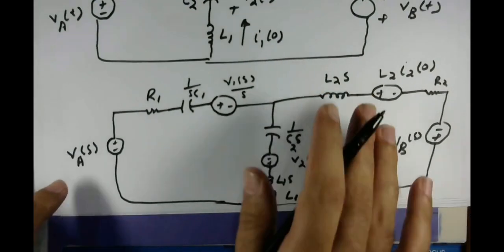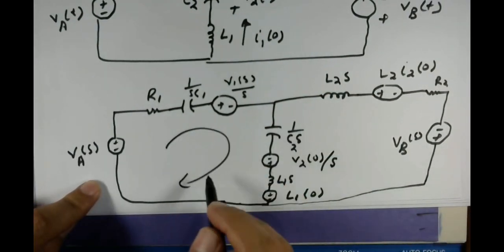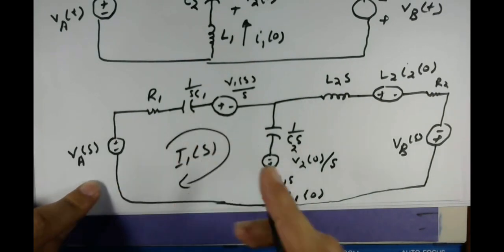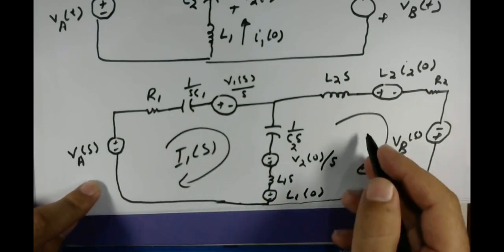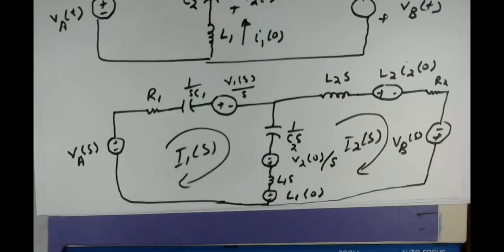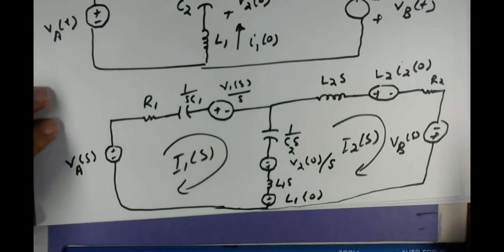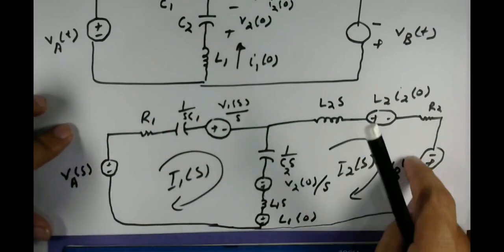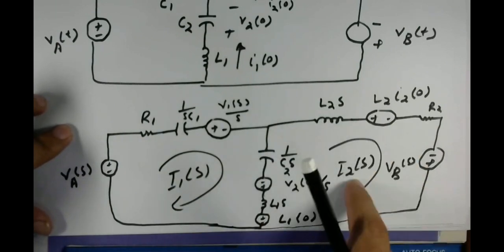Now what you need to do is simply apply mesh analysis. You find the equation for this mesh, and you need to find the equation for this loop, that is I2 of S. So it's easy now, right? You will start from here, and this will give you one equation, and this will give you another equation.